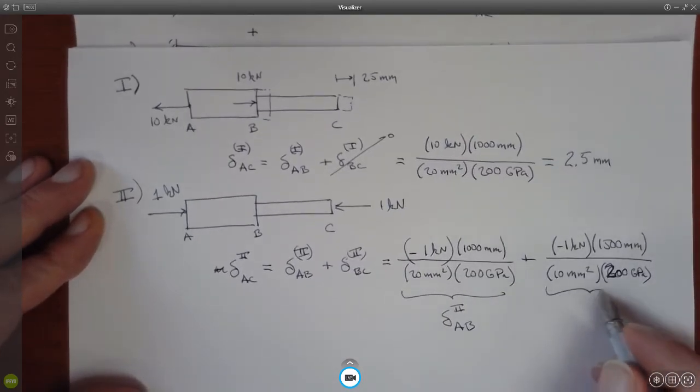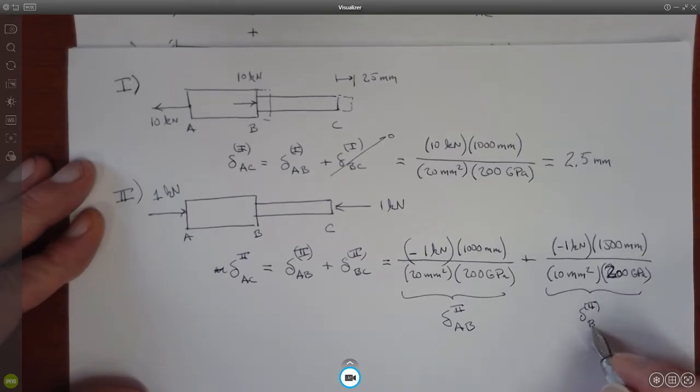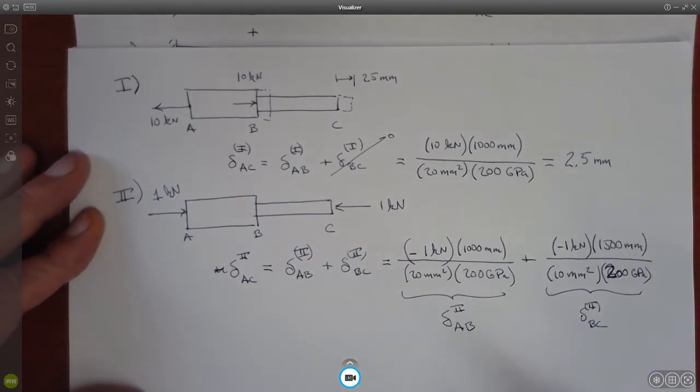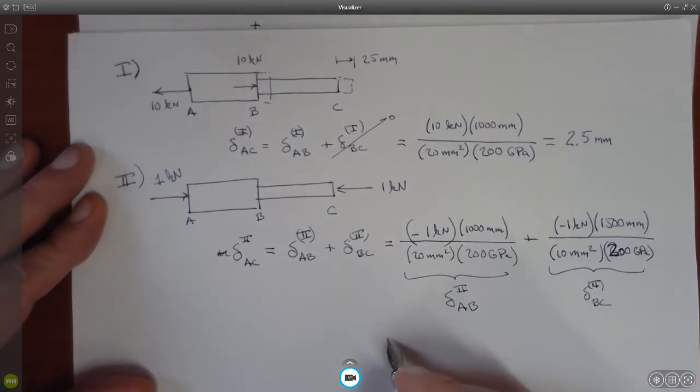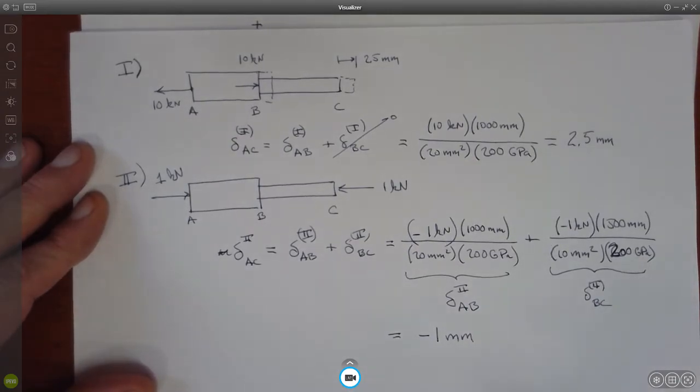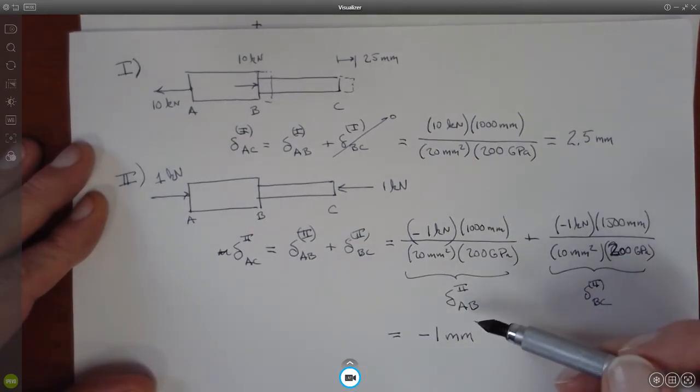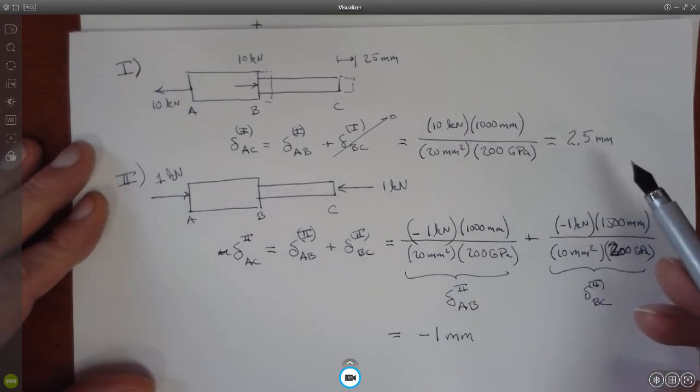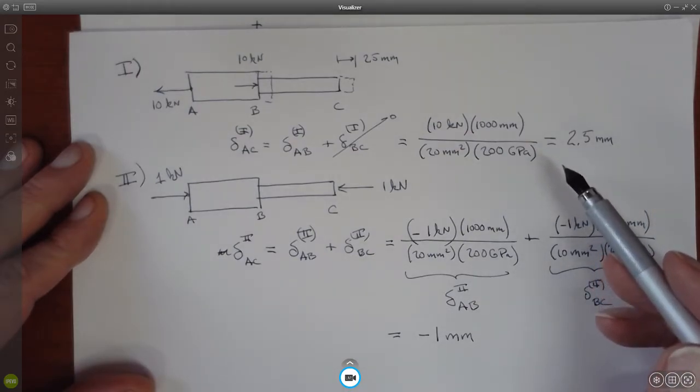So this is the elongation from the second load case from points B to C. All right, and so when you put in all these numbers, you're going to find out that this elongation is minus 1 millimeter, okay? So it only pushed it back 1 millimeter. We needed to push it back 2.5 millimeters, all right?